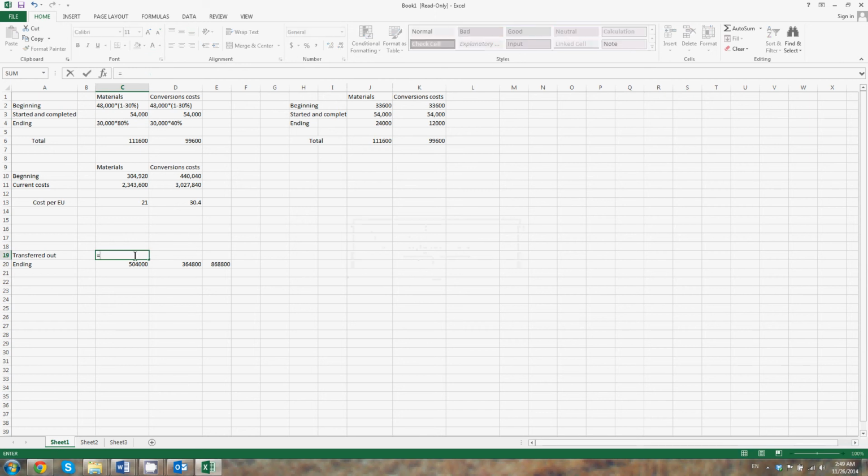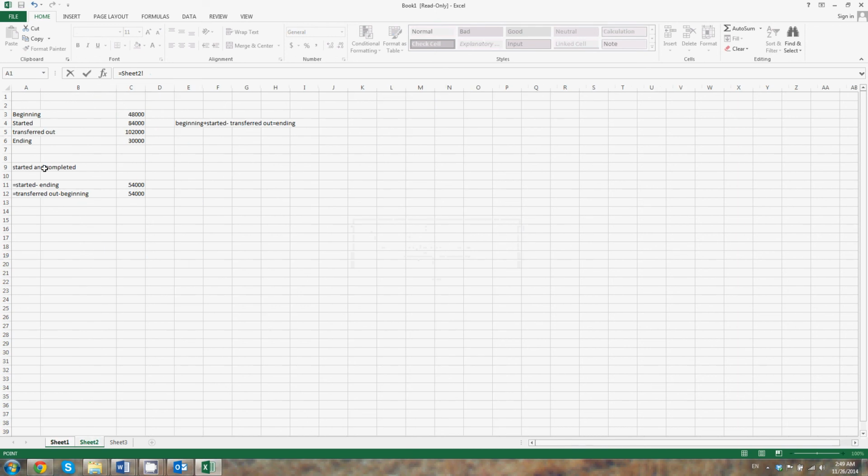You need to know that transfer out will be equal to started and completed plus the beginning, just like what you see here. Started and completed will be equal to transfer out minus beginning.